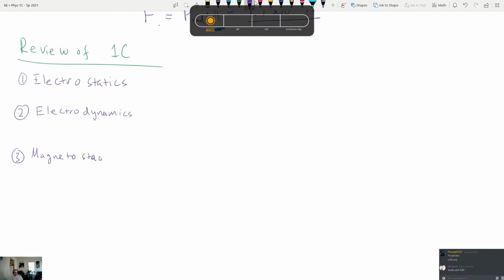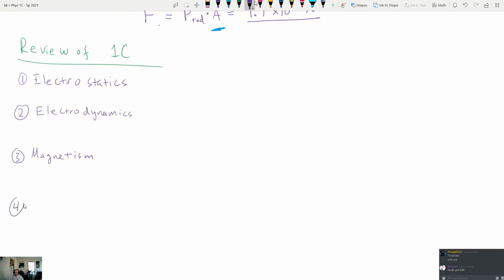Actually, a better way to say this instead of magnetostatics is just magnetism. And then finally, electromagnetism, which is really what this course is all about.